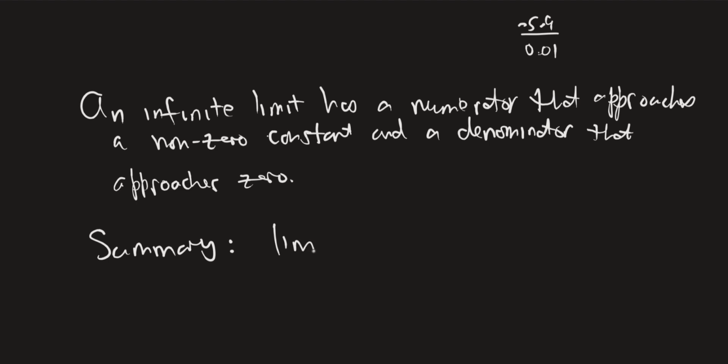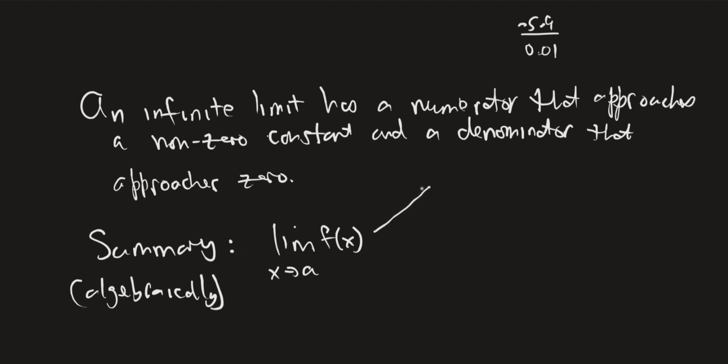When you take the limit as x approaches a of f of x, and you're doing it algebraically, there are three possibilities.